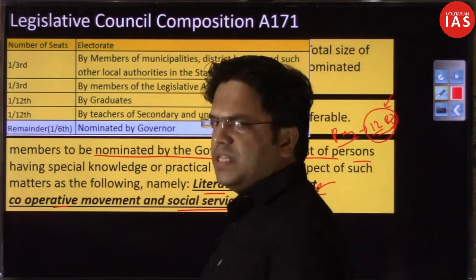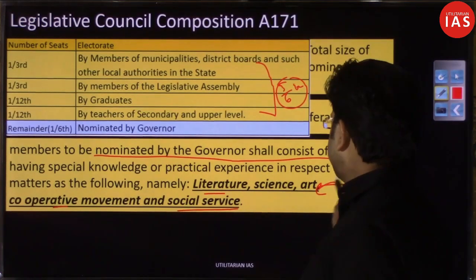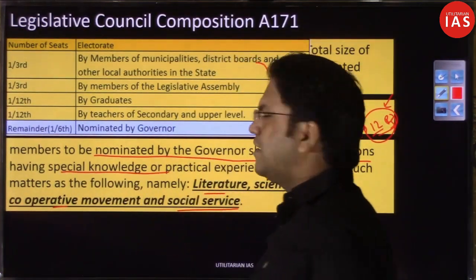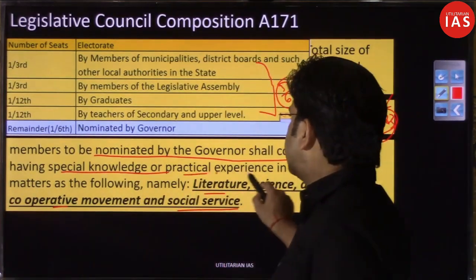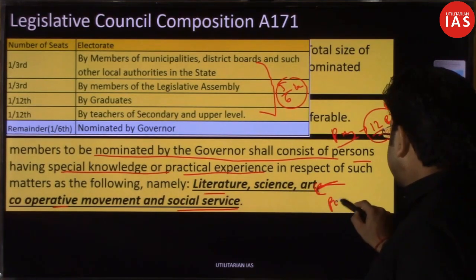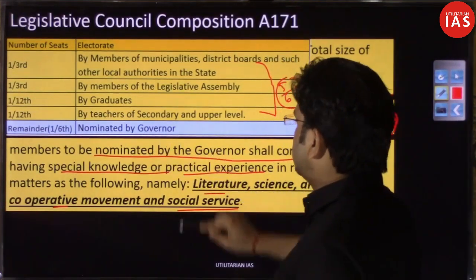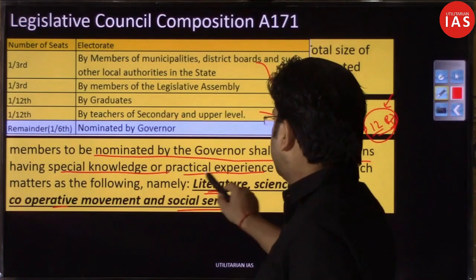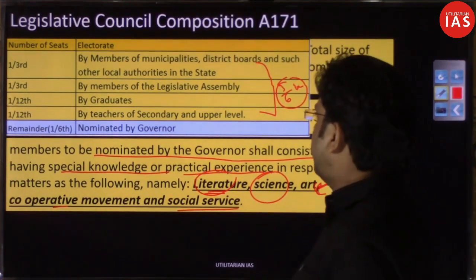But again, there have been cases where people have not belonged to these categories. One more phrase has been added in Article 171: that he should have special knowledge and practical experience. Most of the time politicians are nominated to this 1/6 of the seats as well, although the spirit was that people from literature, science and art could contribute.